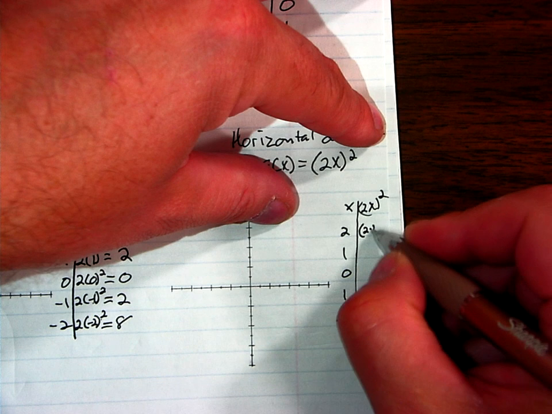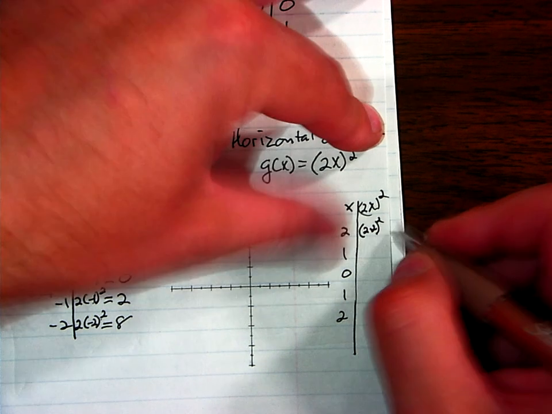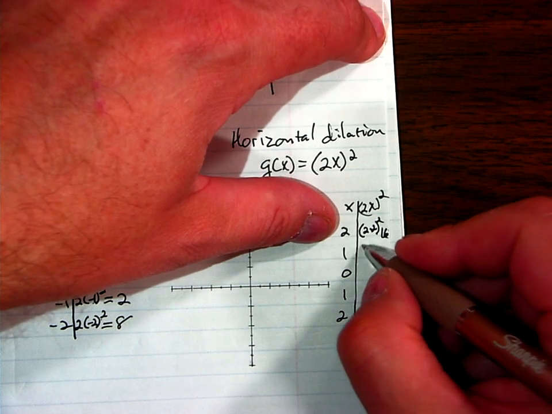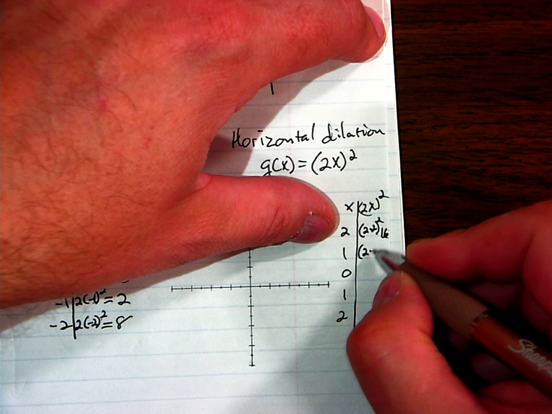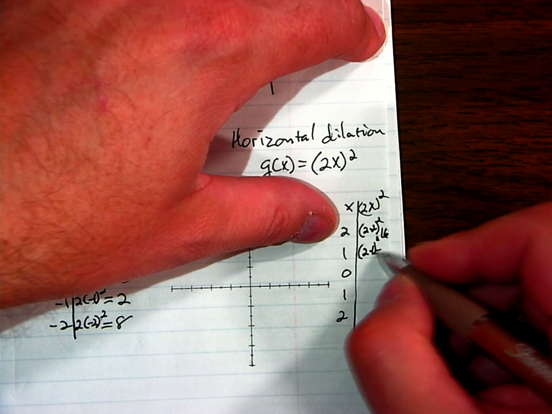2 times 2 squared. 2 times 2 is 4. 4 squared is 16. That's not going to fit on our graph, but that's okay. We'll overcome the adversity. 2 times 1 squared. 2 times 1 is 2. 2 squared is 4.